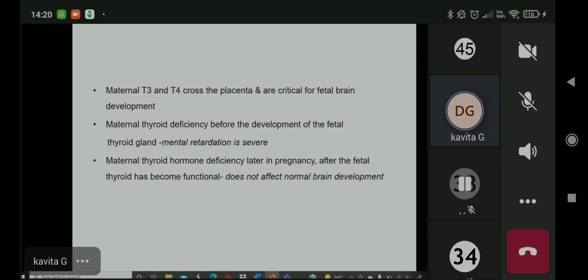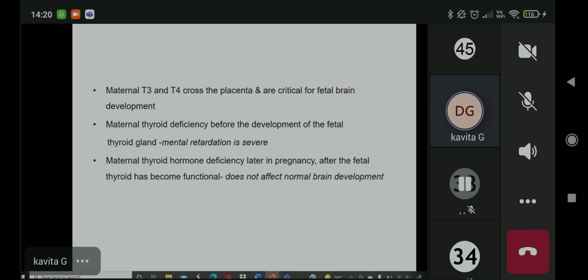Now, maternal T3 and T4 cross the placenta. So we all know that the mother's hormones that are produced are going to cross the placenta. And it is this T3 and T4 that is critical for the fetal brain development. If you have a mother who has T3 and T4 that is deficient before the development of the fetal thyroid, then it would cause severe mental retardation.